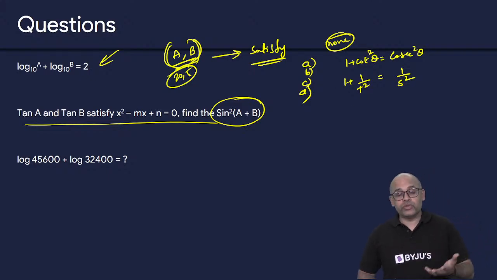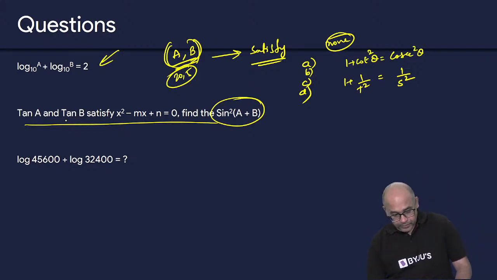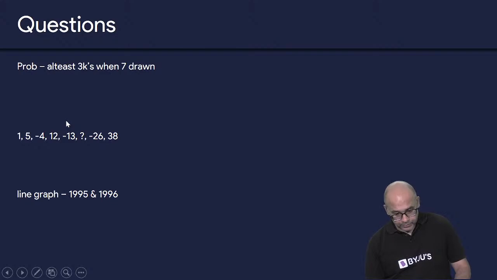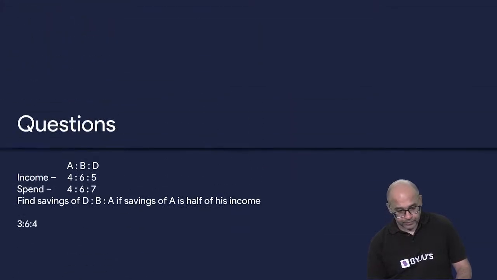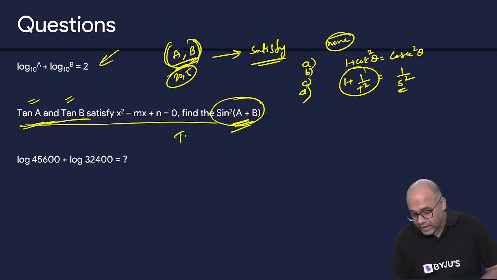So how do we use this? Here we have tan A and tan B. If this is root 1 and this is root 2, sum of the roots is tan A plus tan B is equal to minus b by a, which is m.